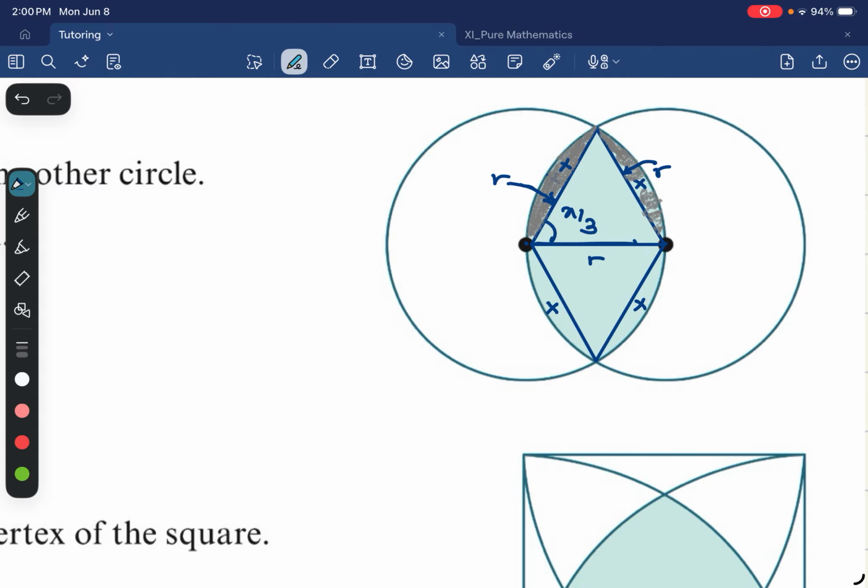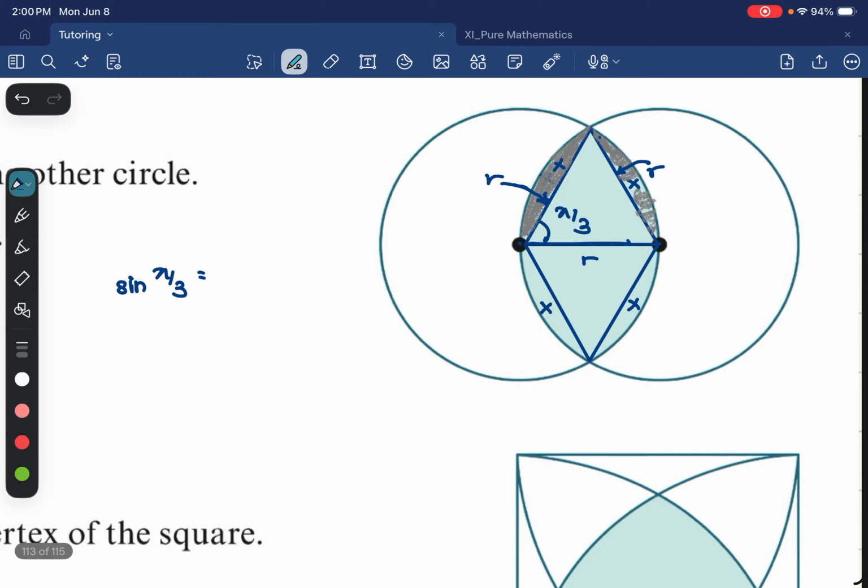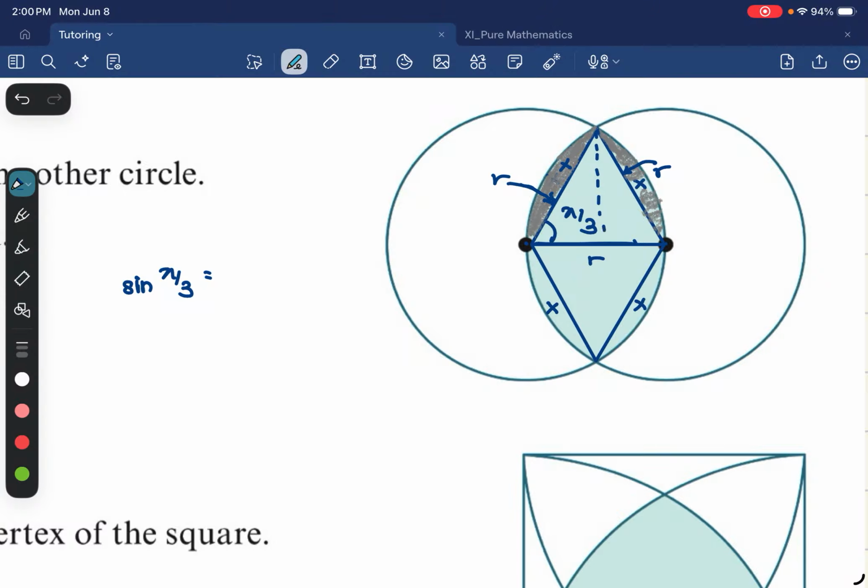So x is this one. So now, if I use some basic trigonometry, if I take sine of pi over 3, that is going to be my height of the triangle. And my hypotenuse is my radius, r. So height is just r sine pi by 3.